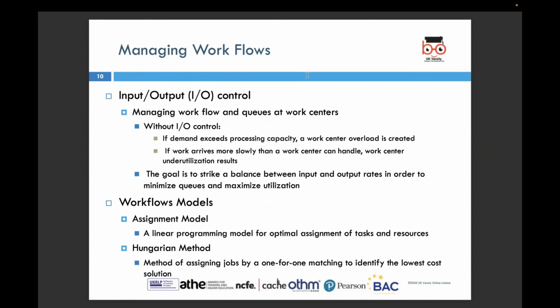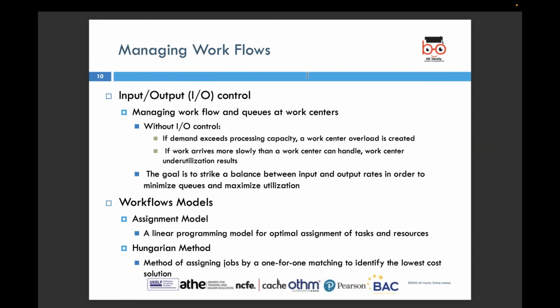Input and output control refers to the management of workflows and queues at work centers. Without proper input or output controls, we can encounter two major problems: work center overload and work center underutilization. When the demand for work exceeds the processing capacity of a work center, we create a work center overload.